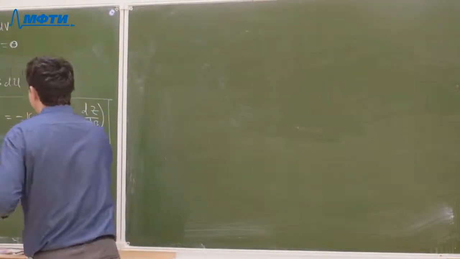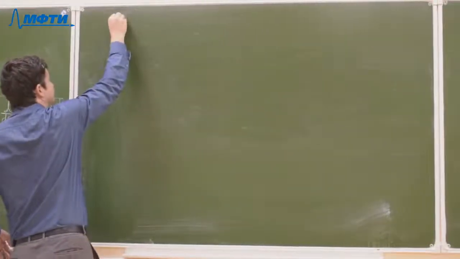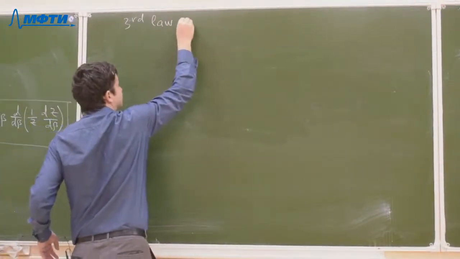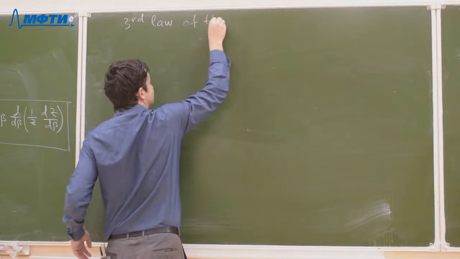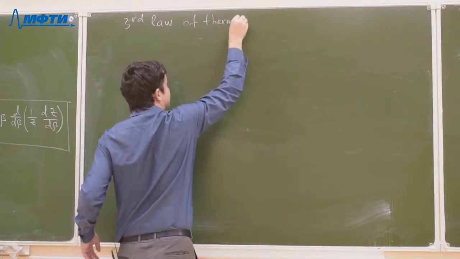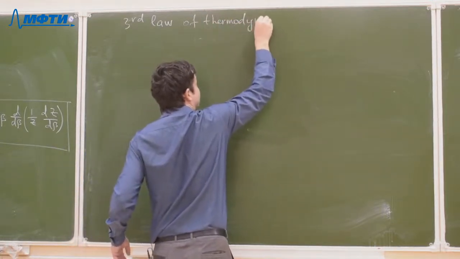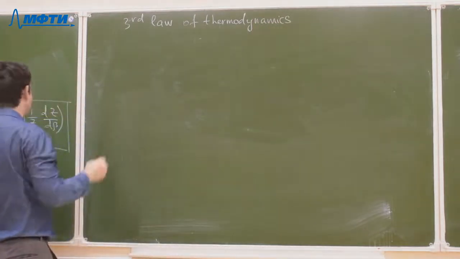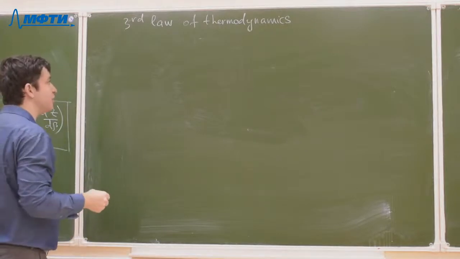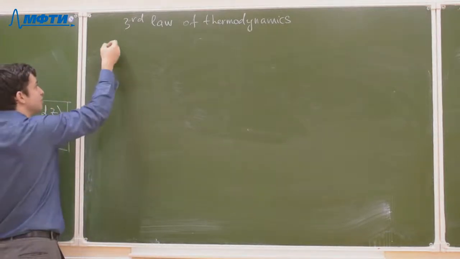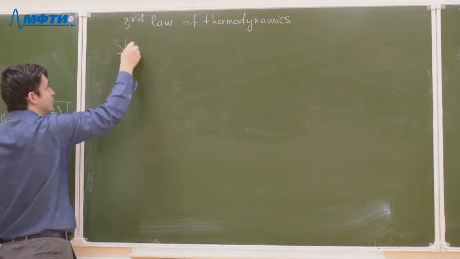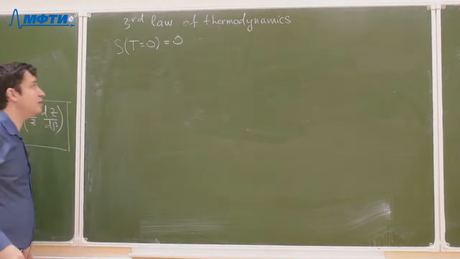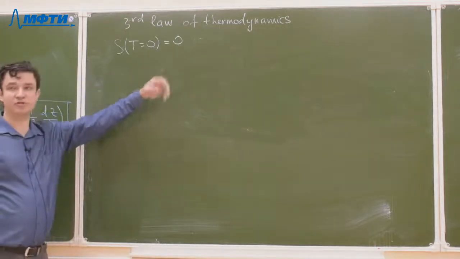According to the third law of thermodynamics, the constant in this expression is chosen in such a way as to make the entropy at zero temperature equal to 0.